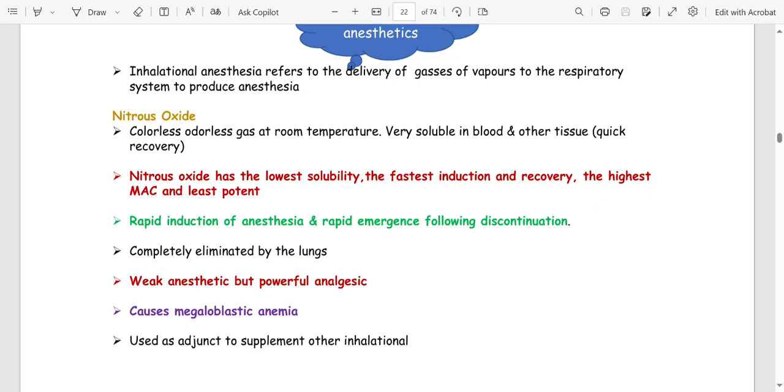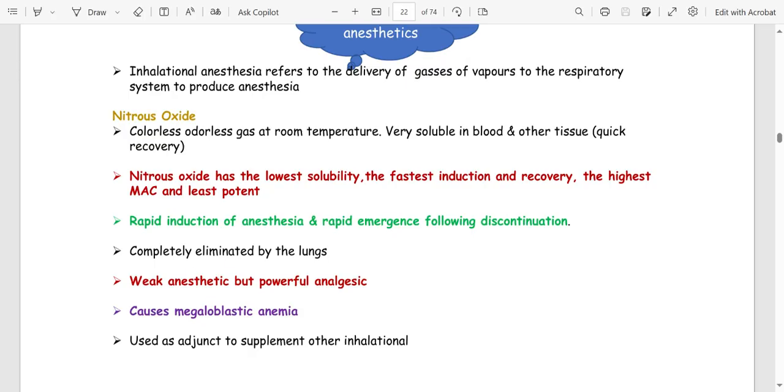It has got the highest MAC and is the least potent. You understand what MAC is, and it's the least potent, meaning that of all the anesthetic drugs, this one is not that very strong. So there's rapid induction of anesthesia and rapid emergence following discontinuation. It's completely eliminated by the lungs, because remember it's an inhalation.